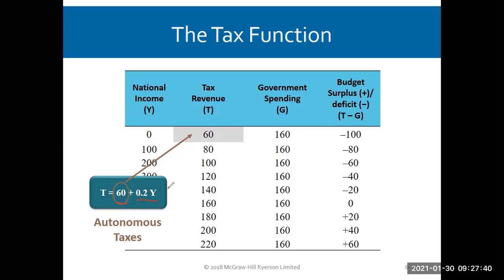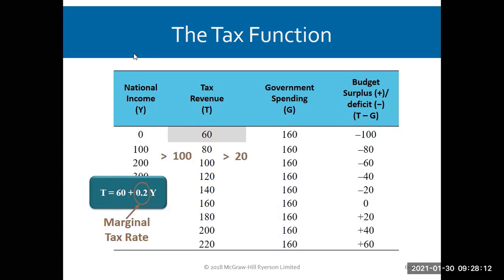Recall that that induced component has the marginal tax rate just in front of a level of income to show that as income changes, overall taxes will change by that fraction of it. And here we show that marginal tax rate indeed, where taxes go up 20, income goes up 100, 20 divided by 100, go back and see the formula, is the marginal tax rate.